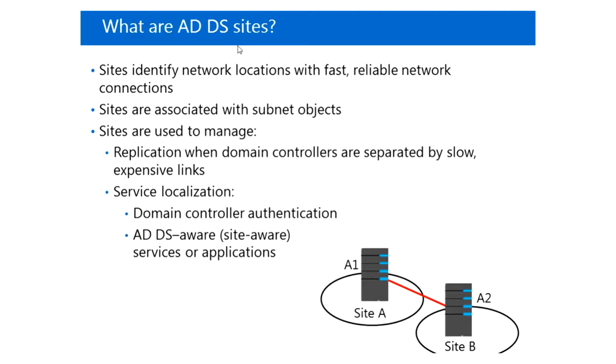You might have a different topology for the replication between the domain controllers from one site to another based on the connections. If you have an expensive link, or a slow connection between some sites, you may have a different route or topology for faster replication.